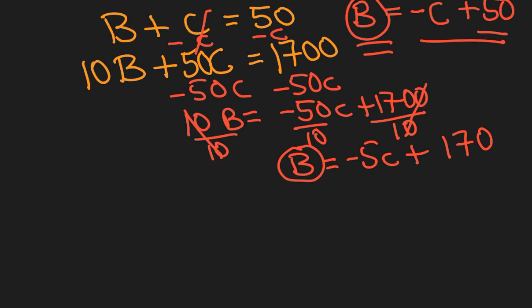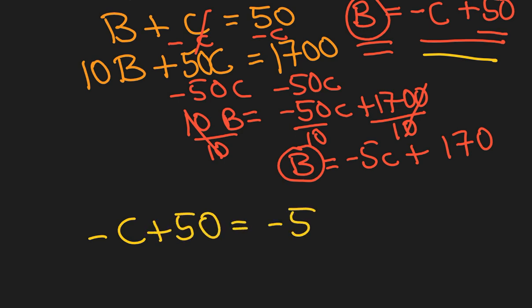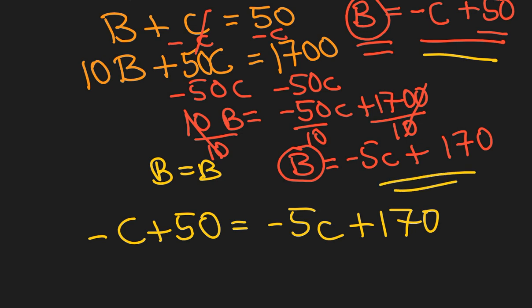I want you to be able to see that one up there. So I'm going to say negative c plus 50 equals negative 5c plus 170. Why? Because surely b equals b. And if this equals b and this equals b, then they can equal each other. So it's just a different way of doing it.